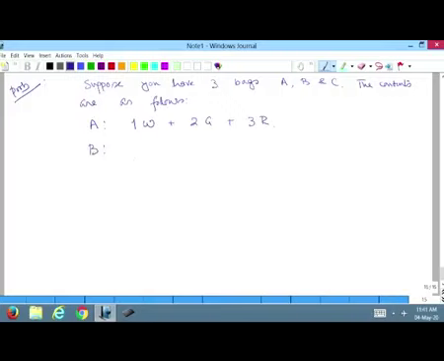Bag B has two white balls, one green ball and one red ball. Bag C has four white balls plus five green balls plus three red balls.